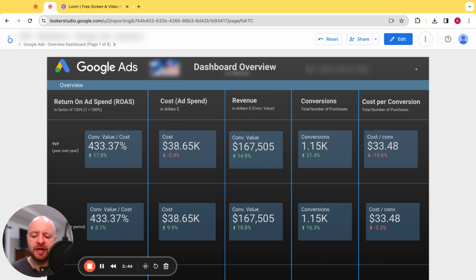The reason I start with this is because this is the executive summary table. My team and I have custom designed it to showcase the most important key performance indicators, or KPIs, for the business.